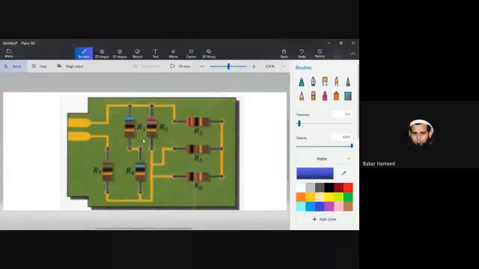So these two terminals are showing that this is our entering point of the circuit, or the point where the source is connected to the circuit. So I will just draw the current path.